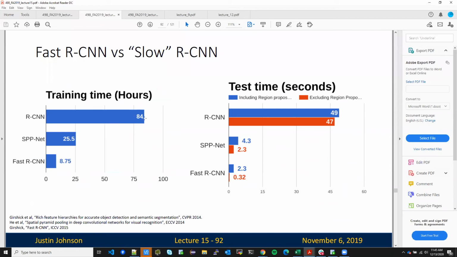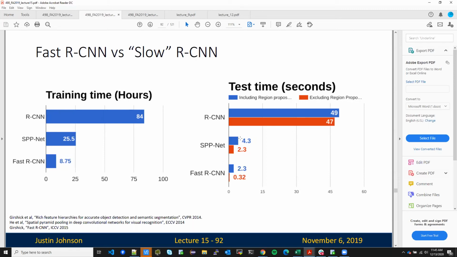With that switch, they were able to reduce the training time from 84 hours to almost 9 hours. And of course, you get a much bigger improvement at test time. RCNN was 49 seconds, 47 seconds, and fast RCNN gets a much bigger improvement at test time.